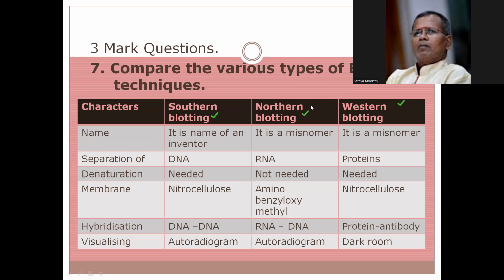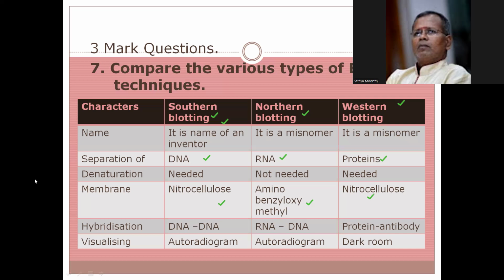The membrane may be nitrocellulose or aminobenzyloxymethyl. So three kinds of blotting are reported in your book.